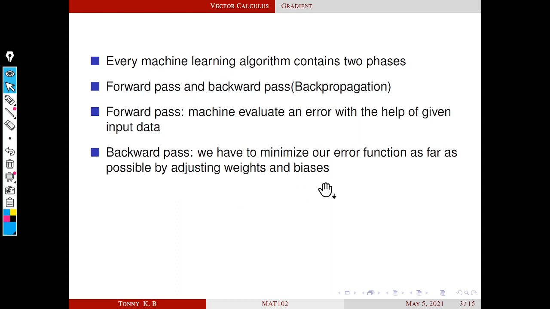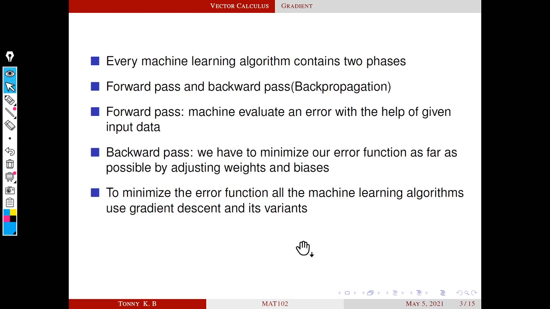These weights and biases are technical terms in neural networks, and actually they are like our variables x, y, and z. In machine learning algorithms, the number of variables, these weights and biases, may be millions and millions, maybe 3 million or 10 million.